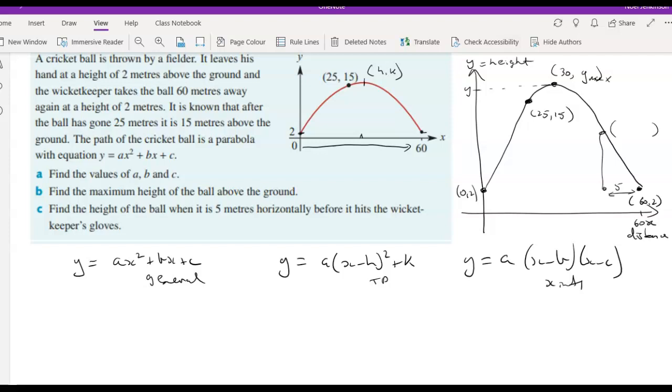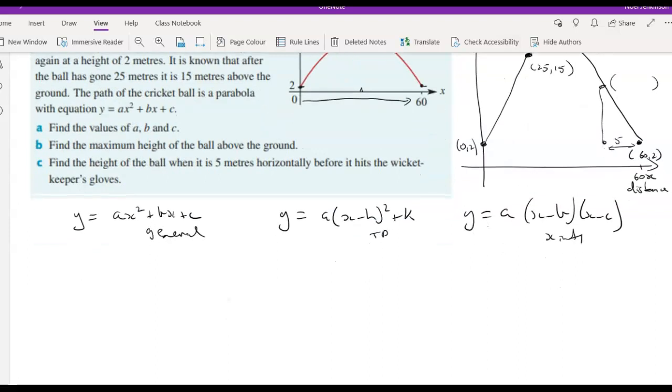So, what are the 3 pieces of information that we've got? We've got 3 points, sorry, 3 coordinates. We've got the 0, 2 coordinate, we've got the 25, 15 coordinate, we've got the 60, 2 coordinate, and they can all be subbed into this formula. And so if we sub in 0, 2, we would get y equals 2.